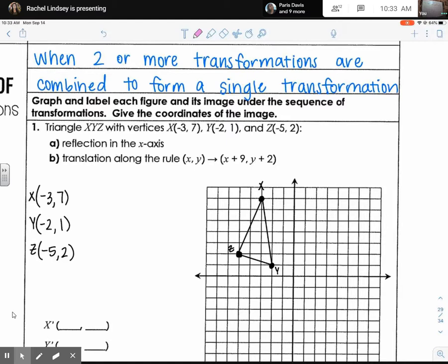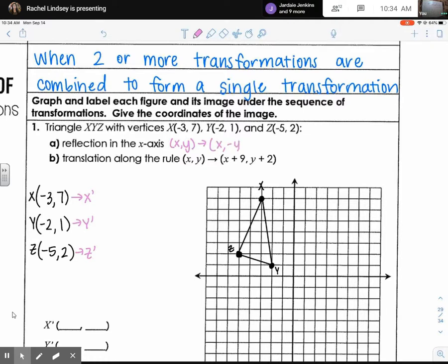So my X prime, Y prime, and Z prime, I'm going to find those by performing the reflection in the x-axis. And when you reflect over the x-axis, what's the rule? It's on the board. The y becomes negative.